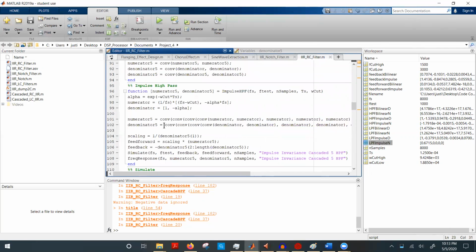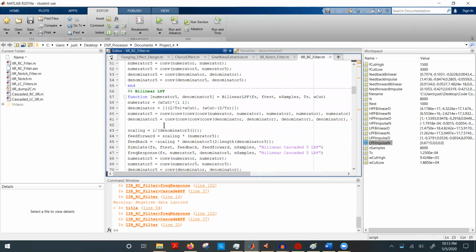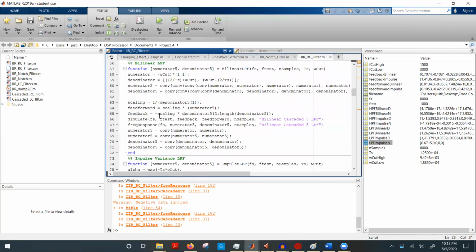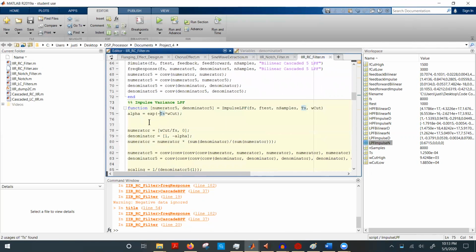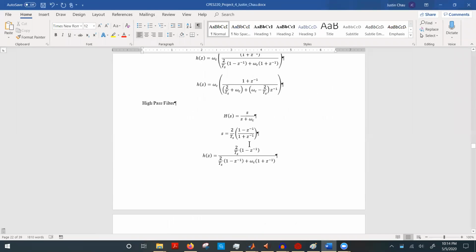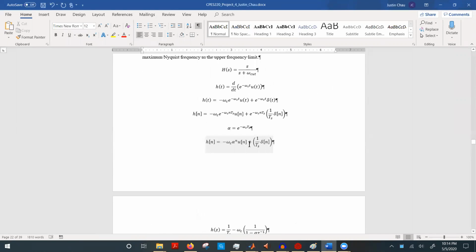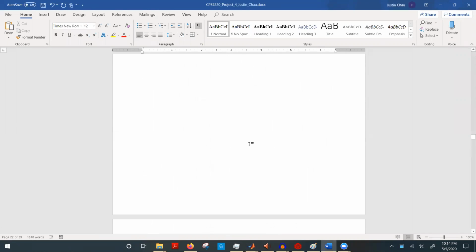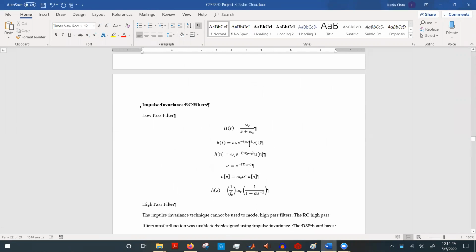We're going to start, I believe, near the bottom. Let's start with the impulse low pass filter. This is the alpha that I derived earlier, e to the negative T_s omega_c.